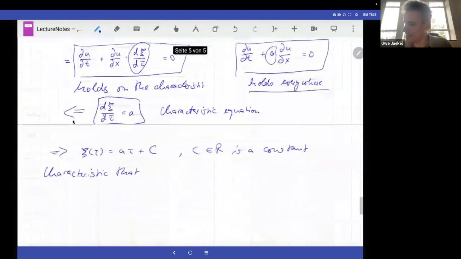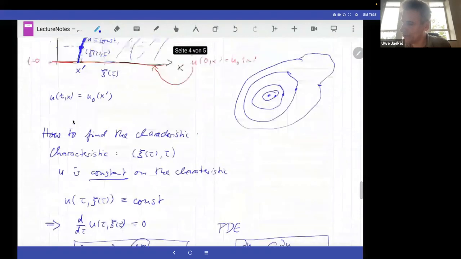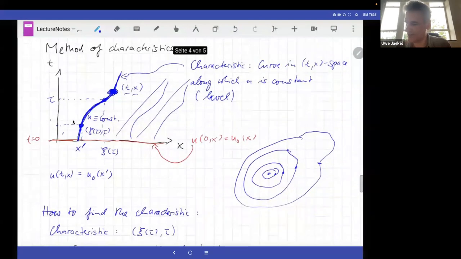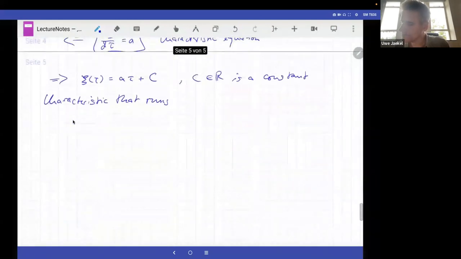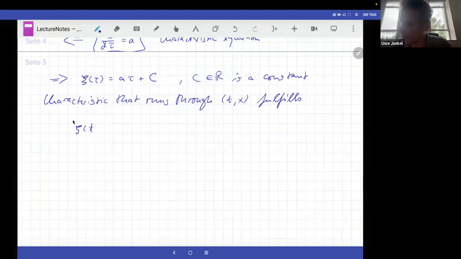What is the straight line that runs through? We don't want a characteristic that runs through any point, but a characteristic that runs through the point (t, x). This fulfills psi of t equals at plus c.